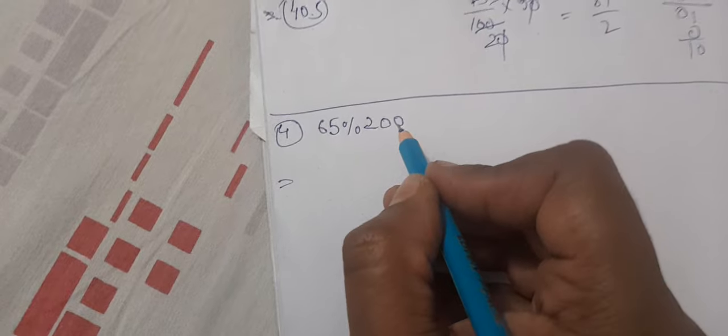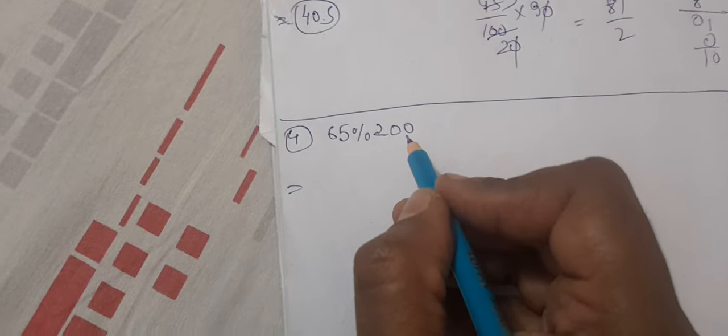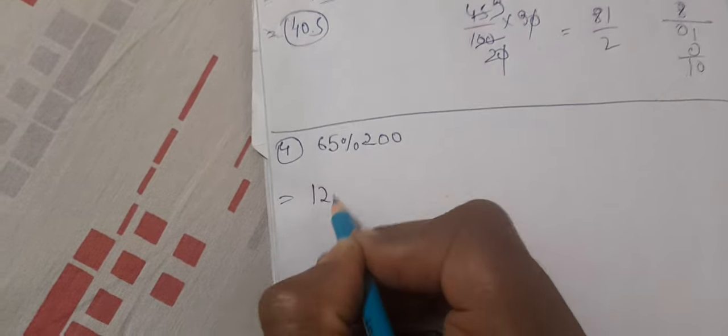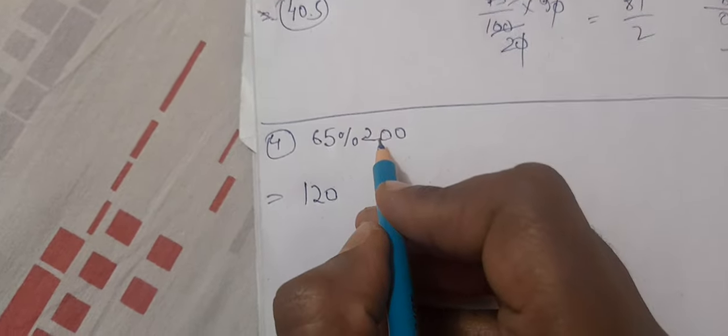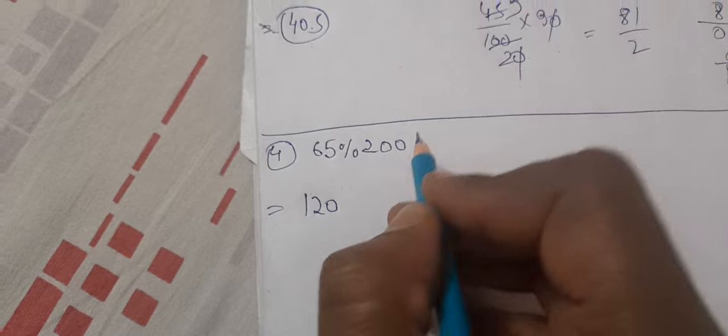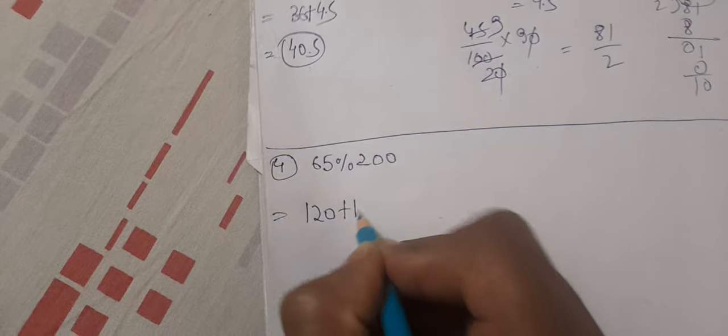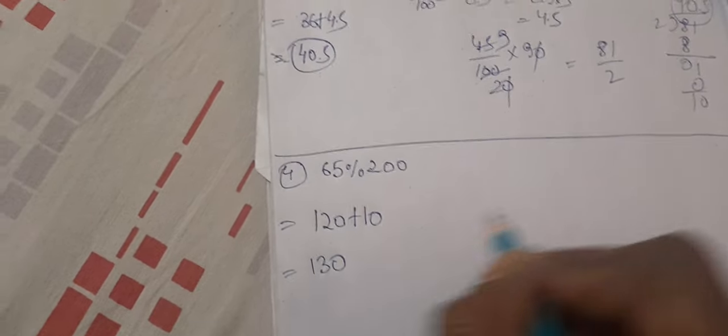That is 65% of 200. So 10% of 200 is 20. 60% of 200 is 120. 5% of 200 is 10. So 120 plus 10 means 130.